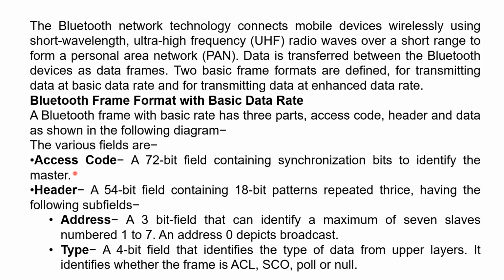We have seen in Bluetooth there is a network which is called as piconet, and piconet consists of one master and there may be up to 7 slaves. So to identify the master, this 72-bit field synchronization bits are used.